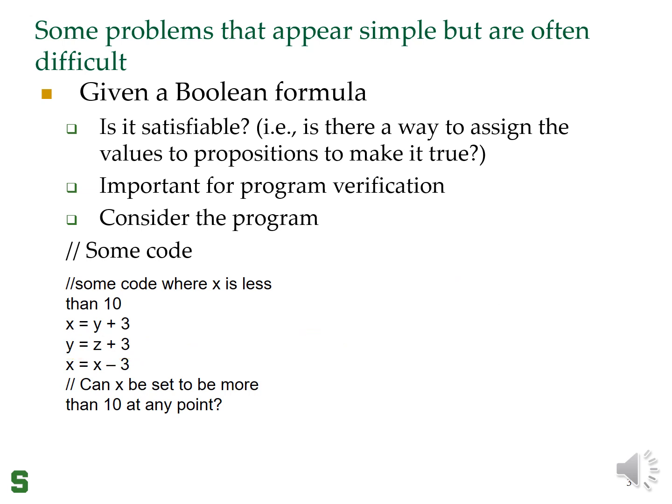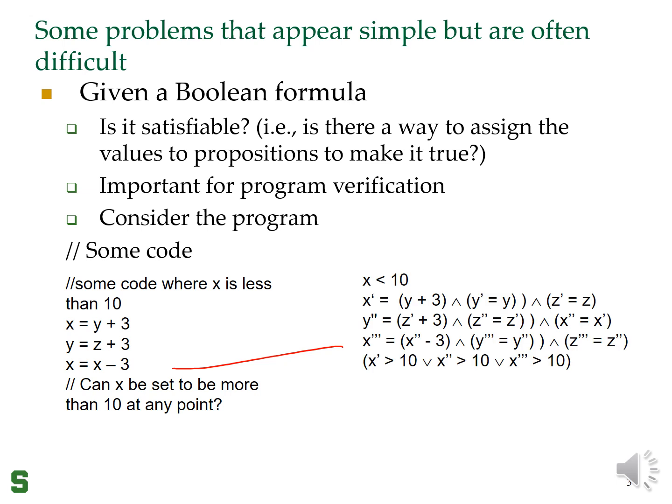Now we can continue this. We can write a formula for the next line, and we can add a formula that says the last constraint, which is this one, and we would like to know whether the value of x at any point is greater than 10, and we will get a formula like this.